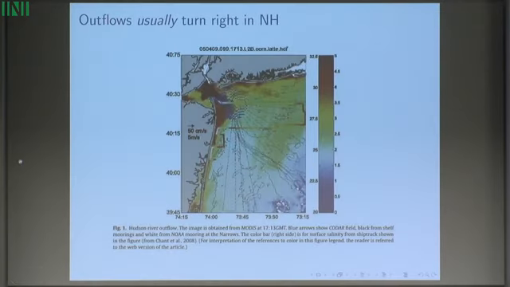So the problem, or the observation, is this: a picture of the outflow from the Hudson River, and the colours give you the temperature of the water, and in particular, the warmer the water, the less dense it is.